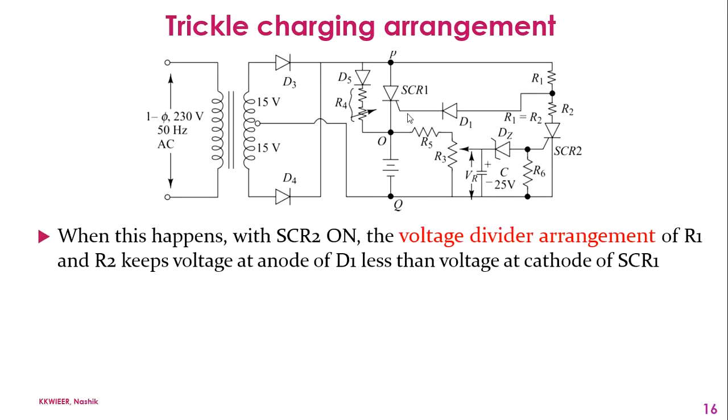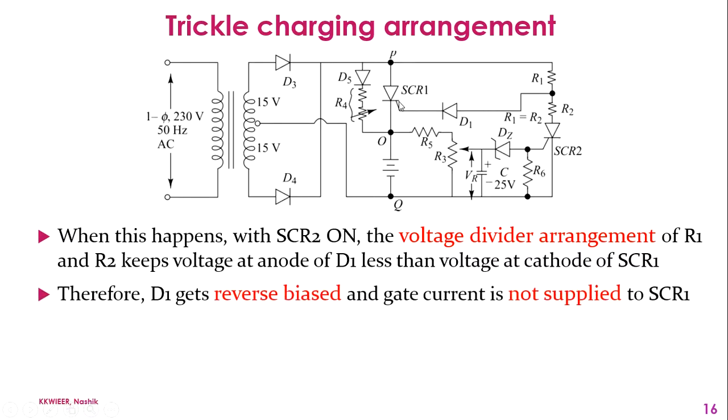When this happens with SCR2 on, the voltage divider arrangement of R1 and R2 keeps the voltage at the anode of D1 less than the voltage of the cathode of SCR1. Therefore, D1 gets reverse biased and the gate current is not supplied to SCR1.